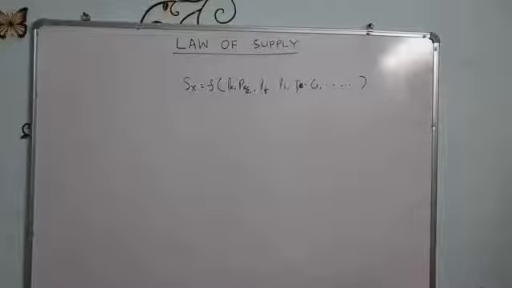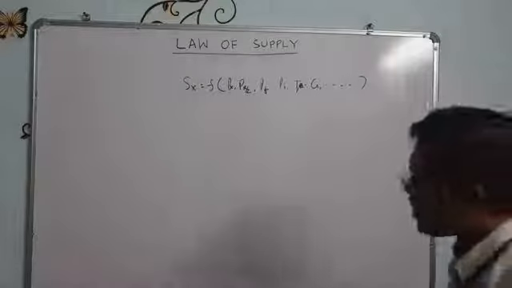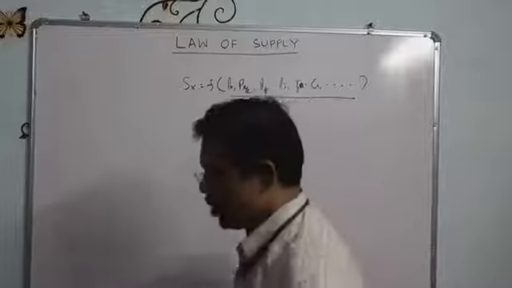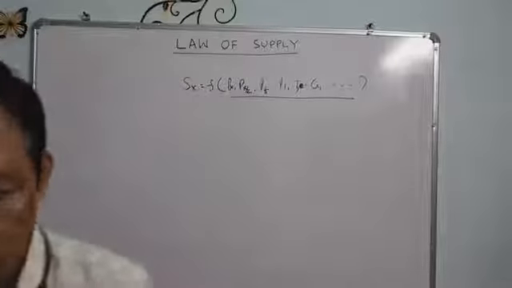The supply function expresses the functional relationship between the supply of a commodity and its various determinants. These are also called the various determinants or factors of the supply function.